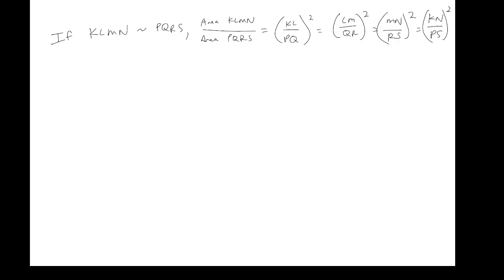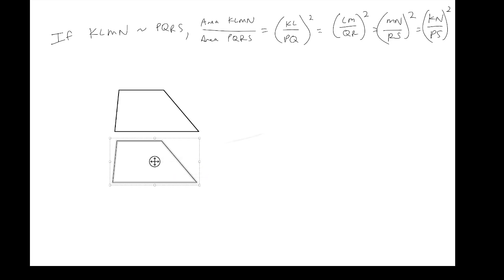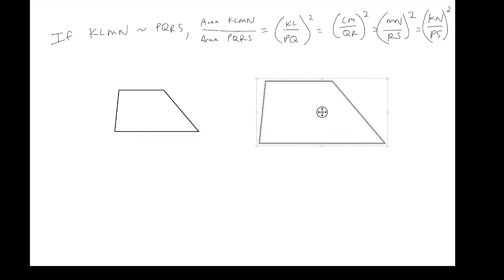Ready? Looks kind of like a little trapezoid here. All right, we draw that guy up. We have, here we go, K, L, M, N, P, Q, R, S. We have 2 lengths here.